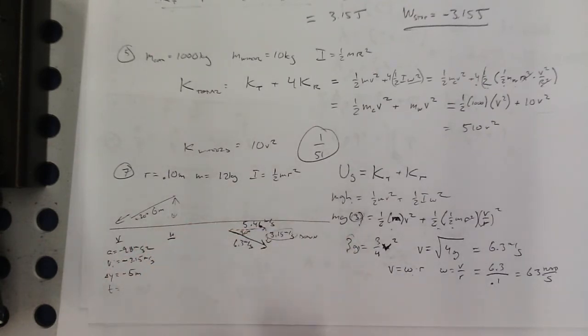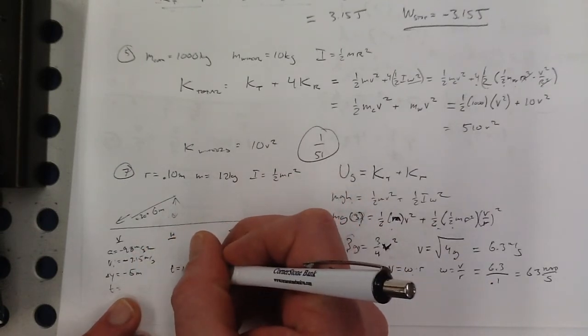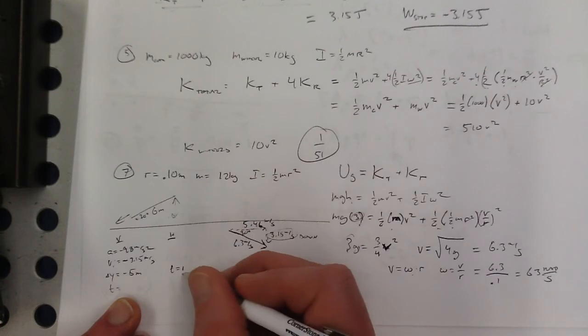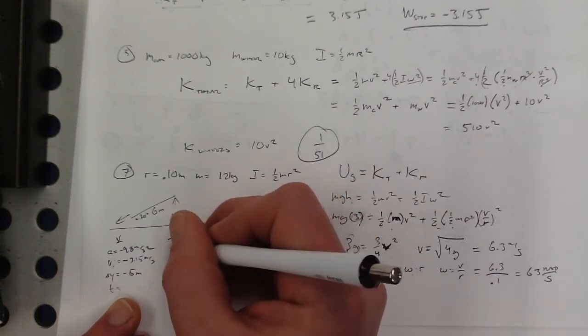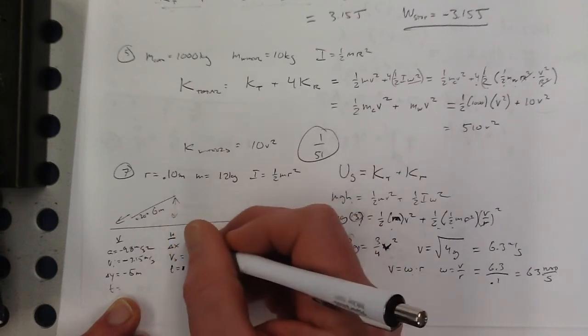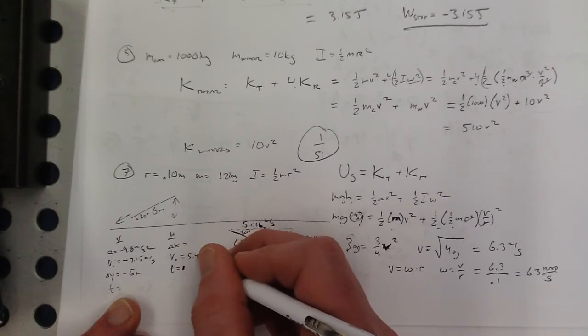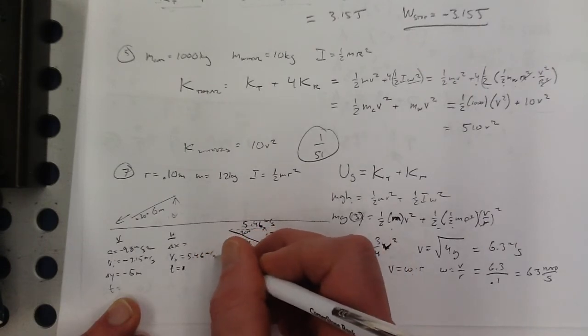And I'm going to need to find the time here so that I can import it over to here. So I can find the delta x. The constant horizontal velocity is 5.46 meters per second.